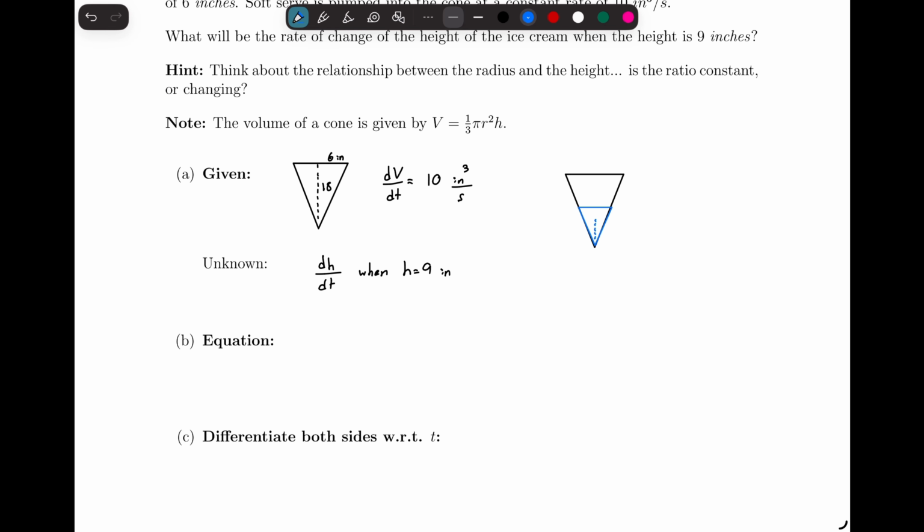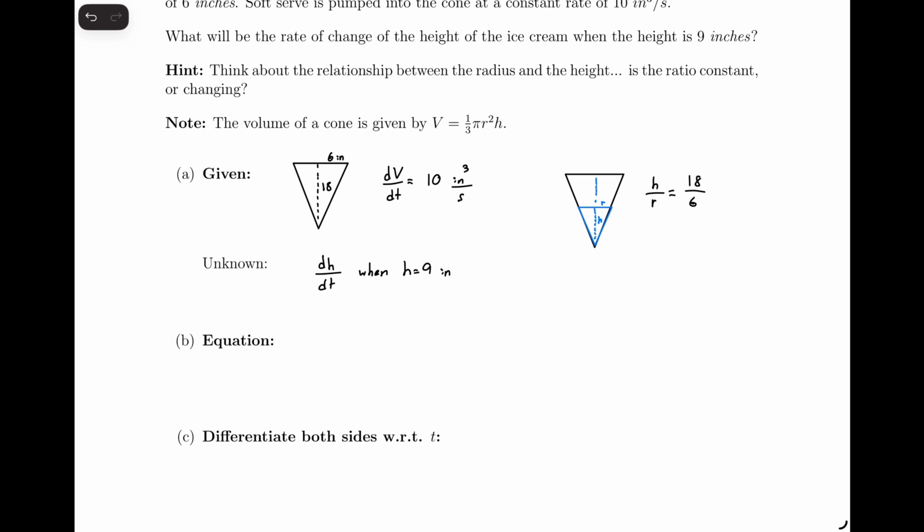What I notice is that the height and the radius, let's say we shrunk it in half, that ratio is going to be constant. What that means is h over r is a constant value. So in the case of our waffle cone, we have 18 over 6, which is equal to 3.